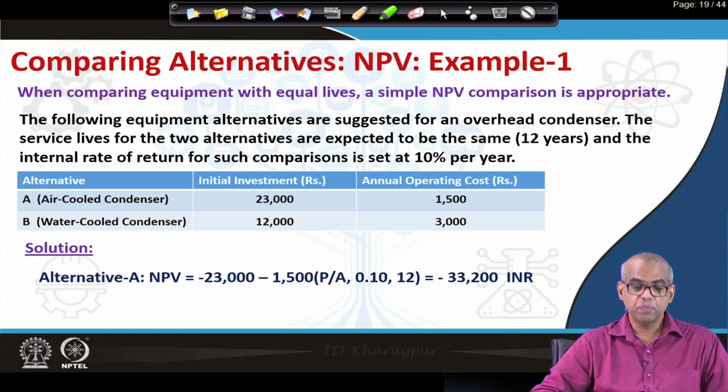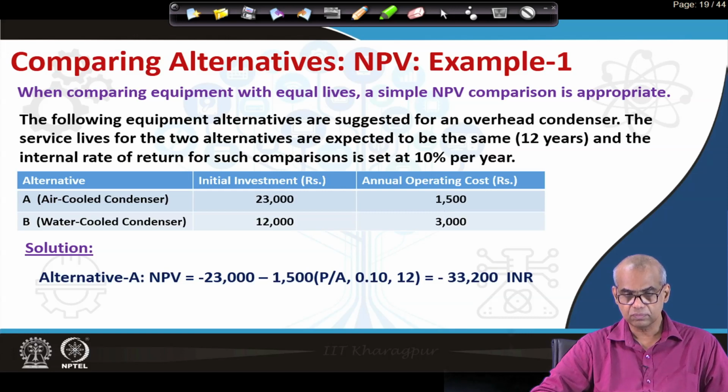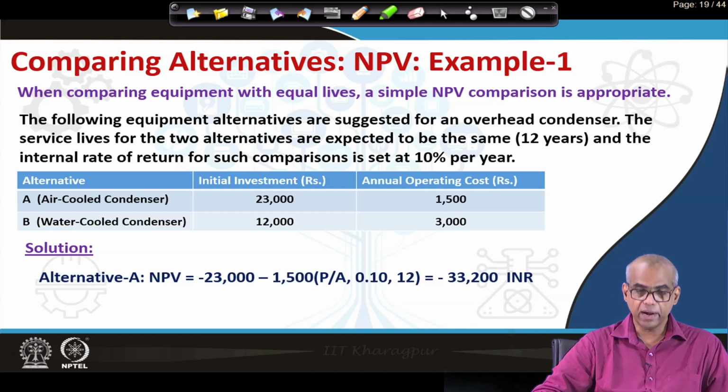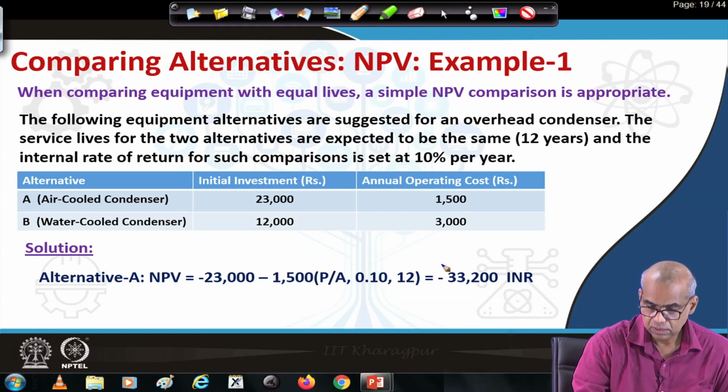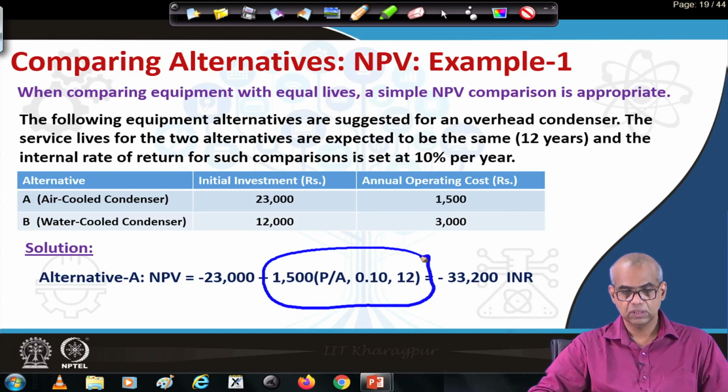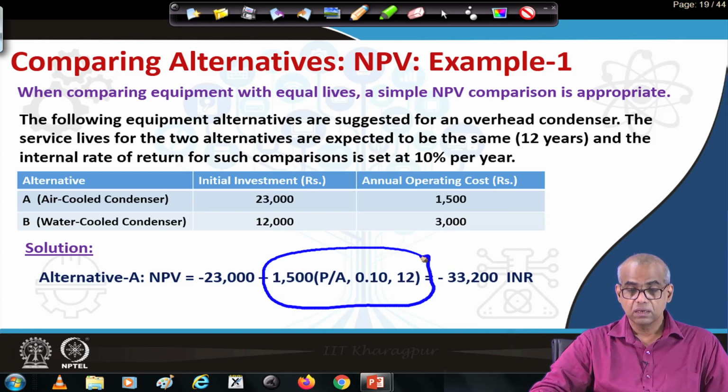So, find out NPV for alternative A. We have seen earlier how to compute NPV. You have to add this part, which is the annual operating cost.